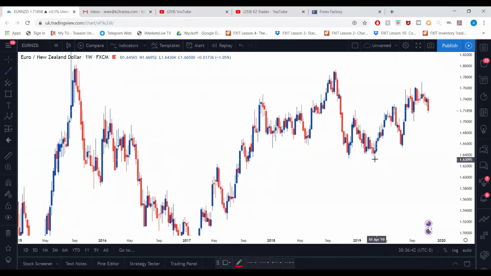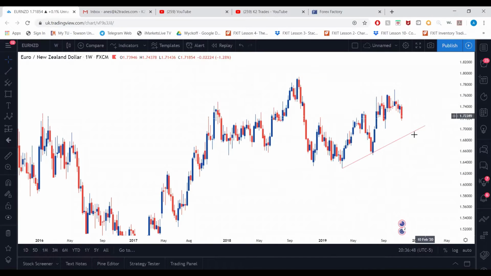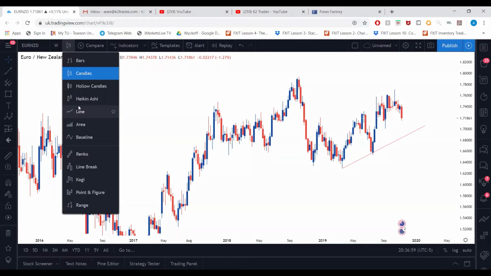So it is still in uptrend here on the weekly, even though this week's candle is big bearish, which I wanted to see. So let's find some major zones.